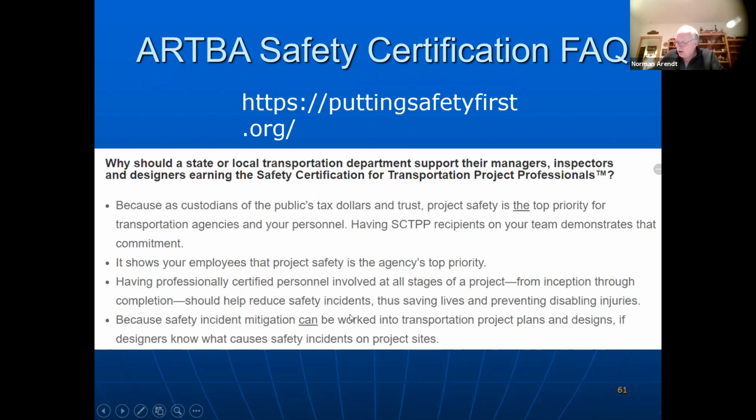And if we look at the top four, what OSHA calls the fatal four, you see why they have this certification. 60% of all fatalities in construction occur in the following four categories: falls, which is number 1, struck by, electrical, or caught in between.